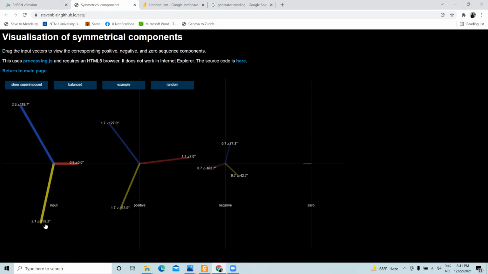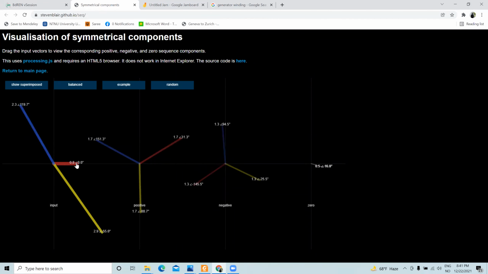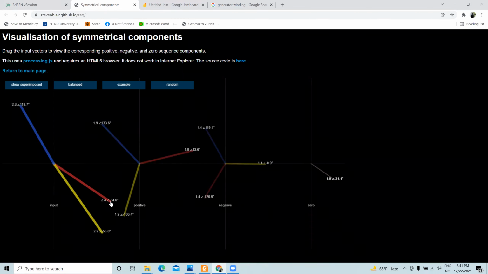The positive, negative, and zero sequences are in balanced condition. They have the same magnitude, and each of the phases in the positive and negative sequence is separated by 120 degrees, whereas in the zero sequence all three phases have the same angle.